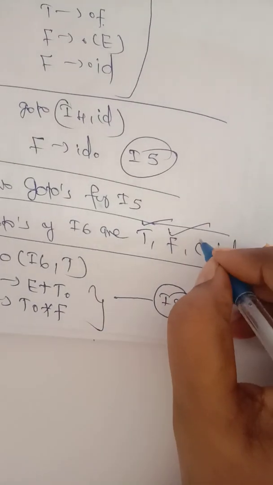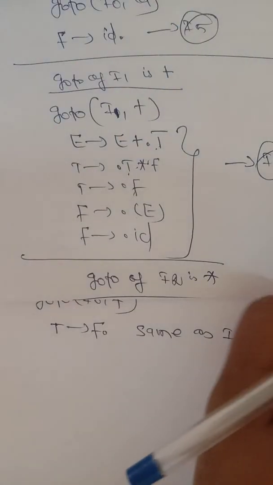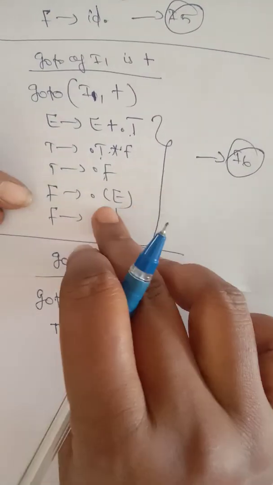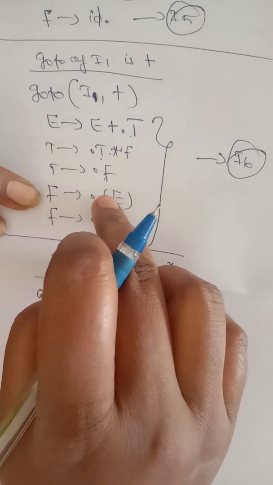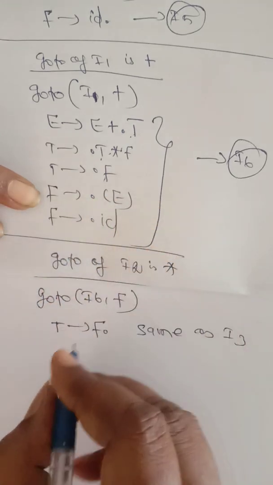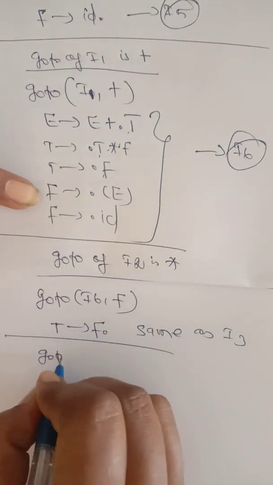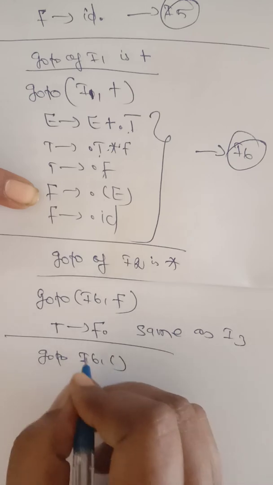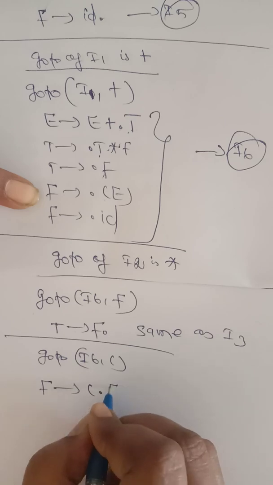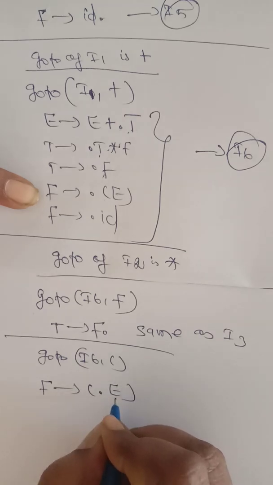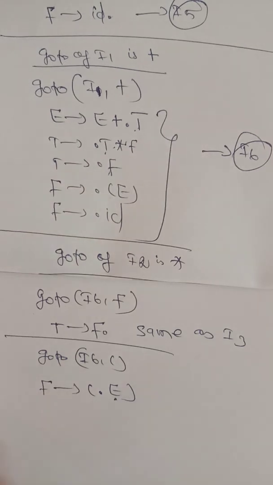Next we apply I6 comma open bracket. Where we have open bracket in I6 is F goes to dot open bracket E close bracket. Applying goto of I6 comma open bracket, the answer is F goes to open bracket dot E close bracket. After the dot we have a non-terminal, so refer to the E productions from I0.